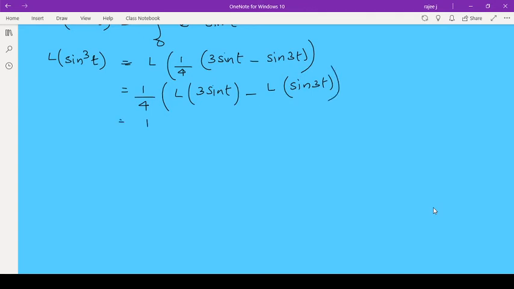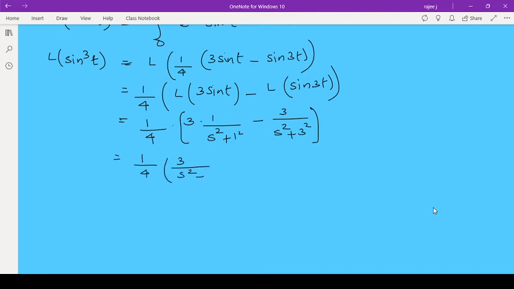That's equal to 1 by 4 into 3 into L of sine t, where a is 1 here, so it is 1 upon s square plus a square, s square plus 1, minus, here a is 3, so it is 3 upon s square plus a square. So that's equal to 1 by 4 into 3 upon s square plus 1 minus 3 upon s square plus 9. This is our L of sine cube t.